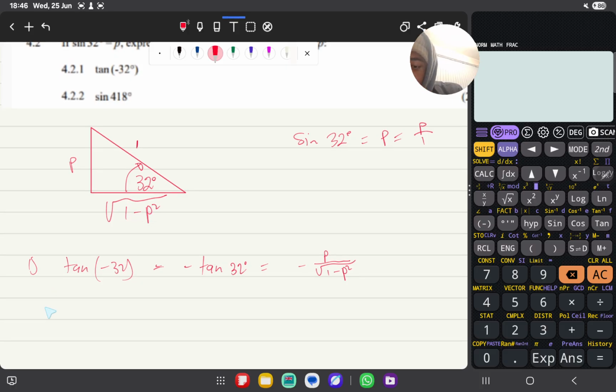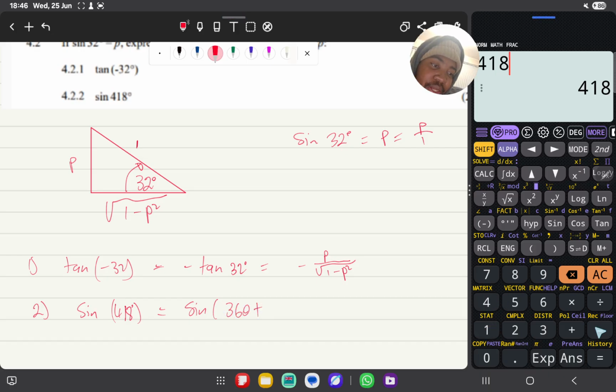And then this one, number 2, is something interesting. I forgot the term we gave those angles, but remember when we were talking about angles that are greater than 360. Because this 418 is greater than 360, we have 418 minus 360, which is 58.